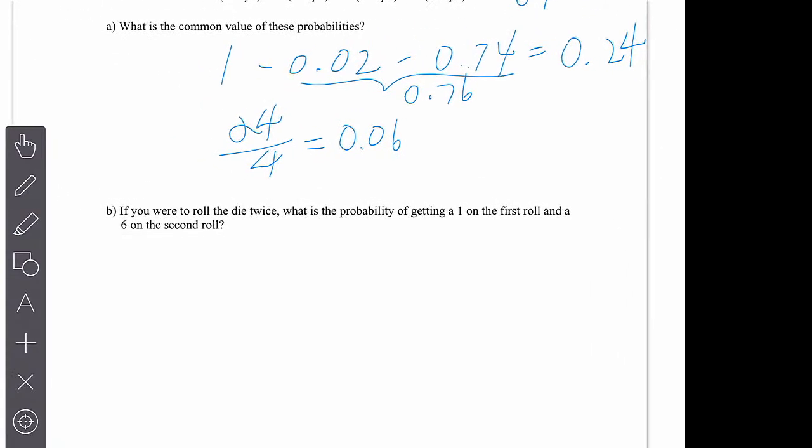If you were to roll the die twice, what is the probability of getting a 1 on the first roll and a 6 on the second roll? So, point here is that each trial is independent.